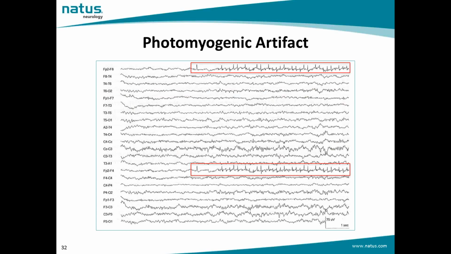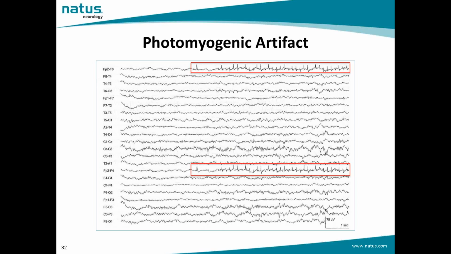Repetitive EMG artifact may occur with a photic stimulation as a time-locked facial muscle response to the flash of light. This is then a photomyogenic response and occurs over the frontal and the periorbital regions bilaterally. The photomyogenic response has a 50 millisecond latency from the flash and may occur synchronously with the occipital photic stimulation driving response.